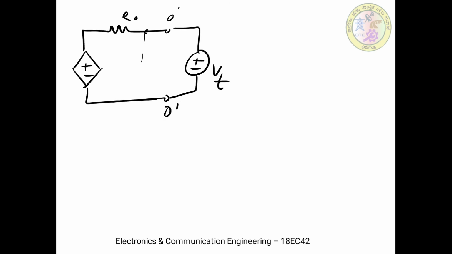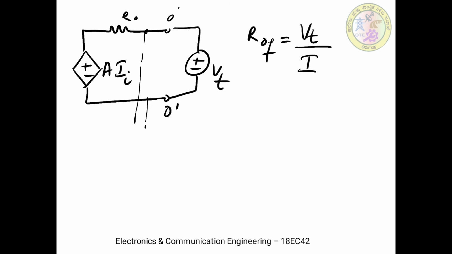Now this is the voltage source A into the input current II. We are measuring R0, that is ROF, the output resistance with feedback. So ROF will be equal to the test voltage Vt divided by I.